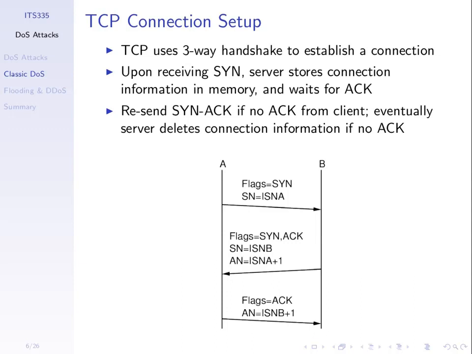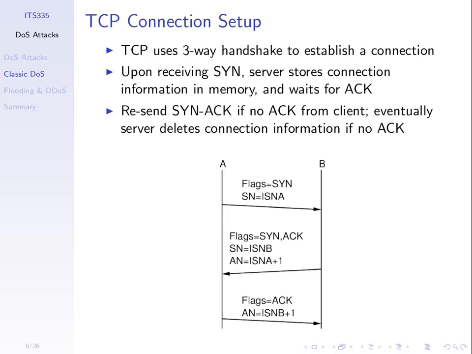So what B does when it receives this first SYN segment, it says, okay, we're about to transfer data with A, I'll send back an ACK, and I'll allocate some memory inside the computer for this upcoming data transfer. And that memory allocation is what leads to a denial of service attack.